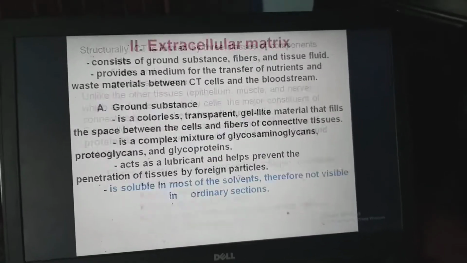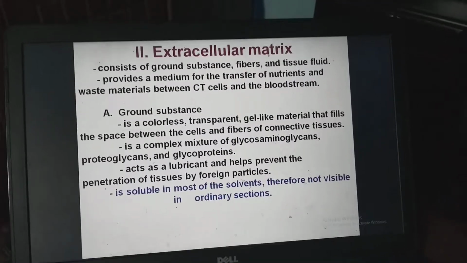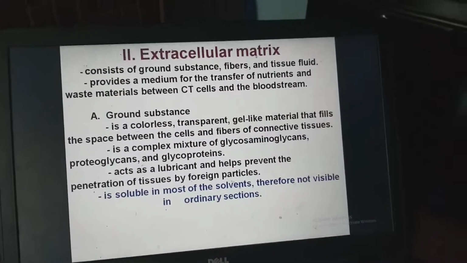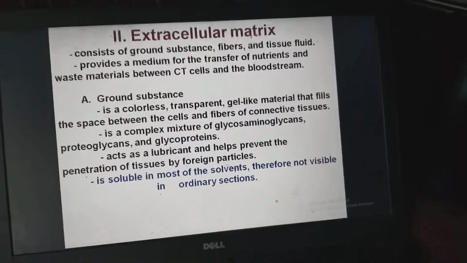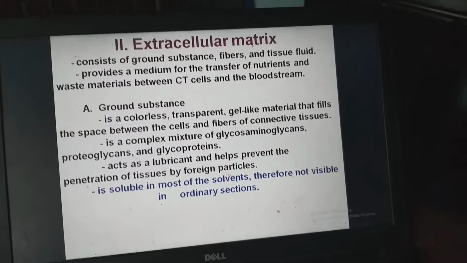That is meninges. So extracellular matrix, the one we have said is ground substances. These are colorless, transparent, gel-like material that fills the space between cells and the fibers. Don't forget. Therefore, the cells are not attached to each other like epithelial tissue.